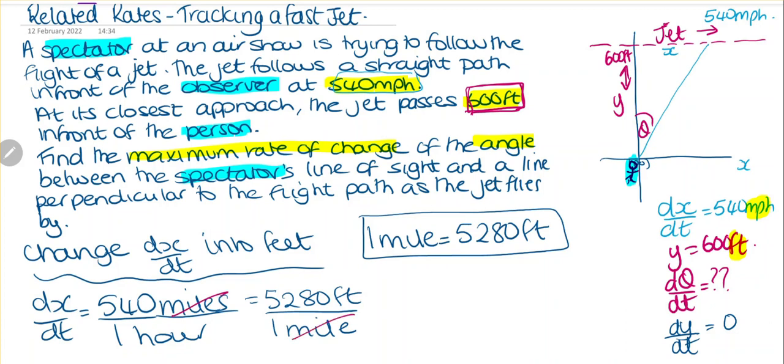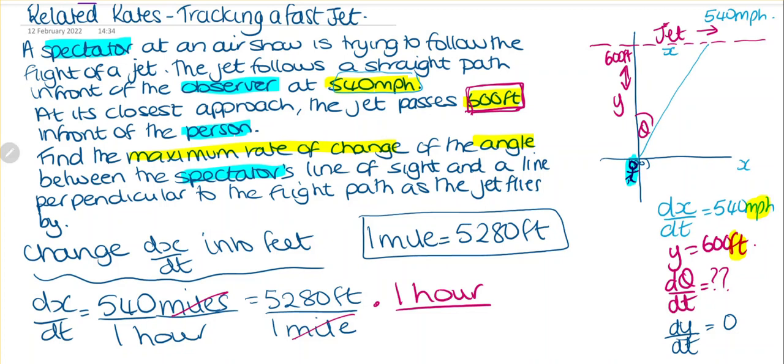So now we haven't got miles, but we need to find the rate of change of the angle, which means we have degrees, minutes, and seconds. So we need to change our hour into seconds. So 1 hour is equivalent to, there's 60 minutes in an hour and there's 60 seconds in a minute.